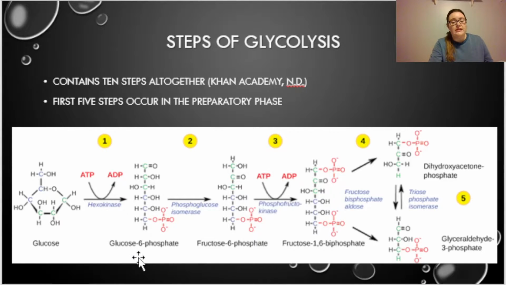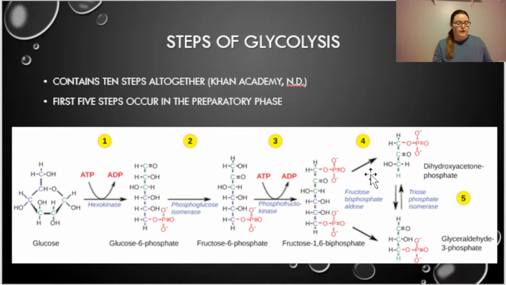Next, glucose 6-phosphate is then converted to fructose 6-phosphate for the second step. Then, for the third step, fructose 6-phosphate is converted to fructose 1,6-biphosphate. And then for the fourth step, this is whenever the enzyme aldolase comes about.